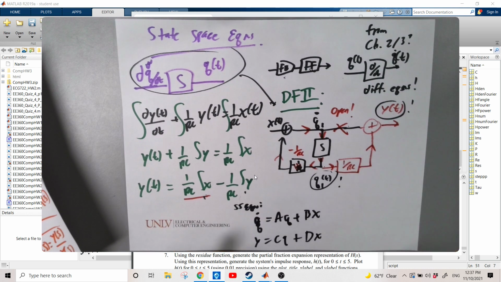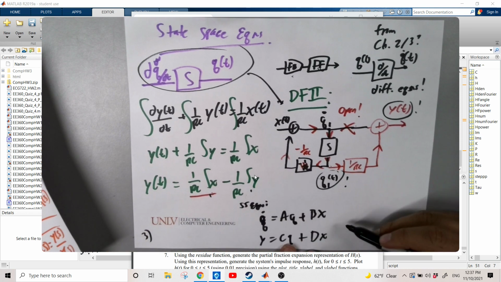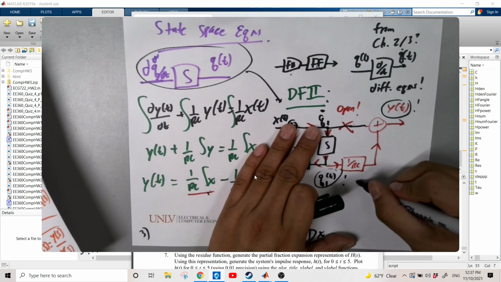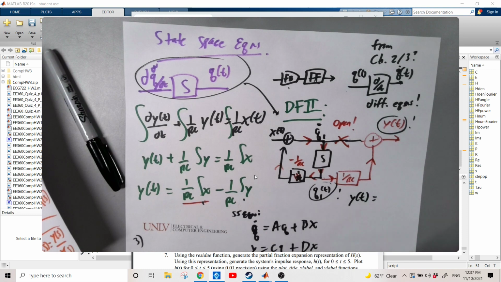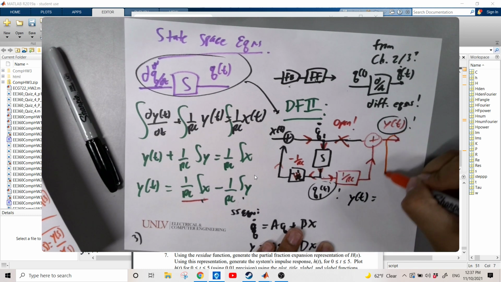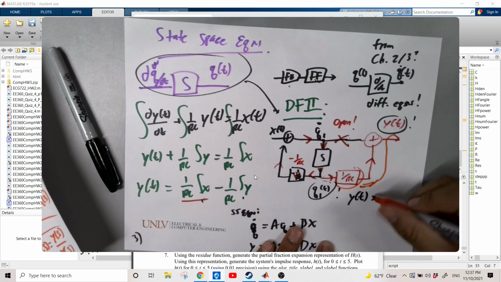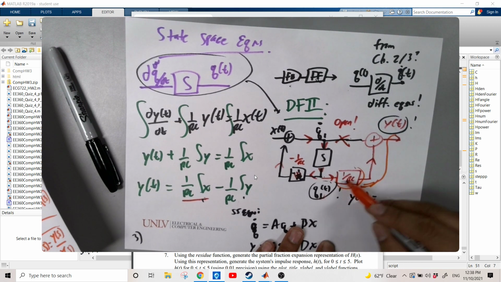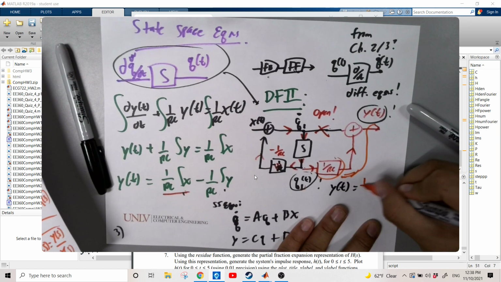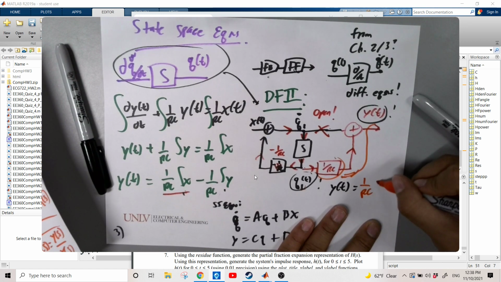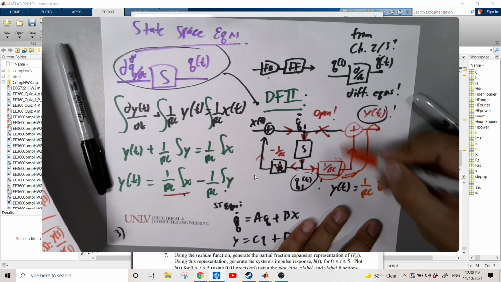Okay, if we were to look at that problem, what's our output equal to? Y of t sees this right here. Here's Q1 of t. It goes through this 1 over RC, and it's just 1 over RC Q1 of t. Is that it? And this is an open, by the way.